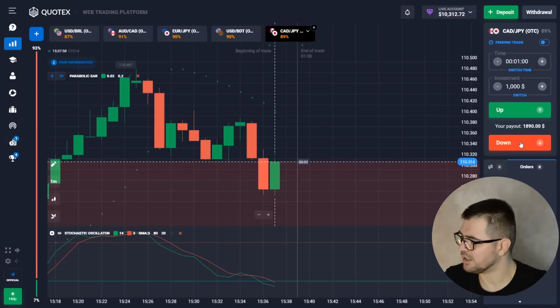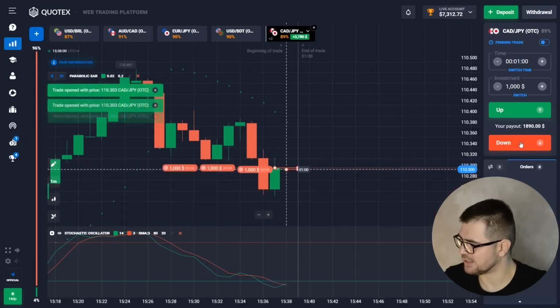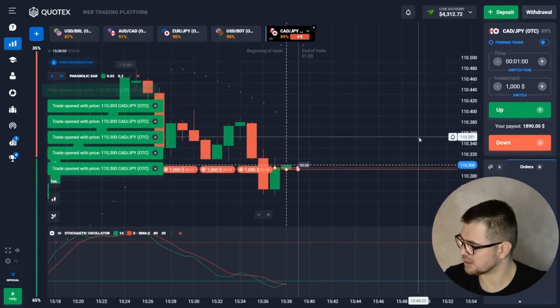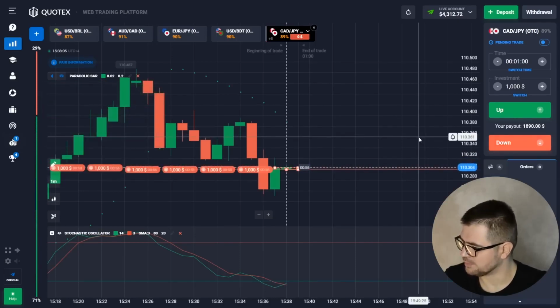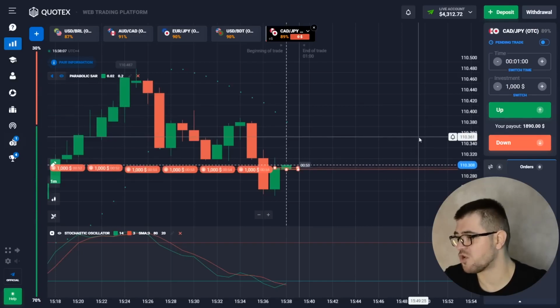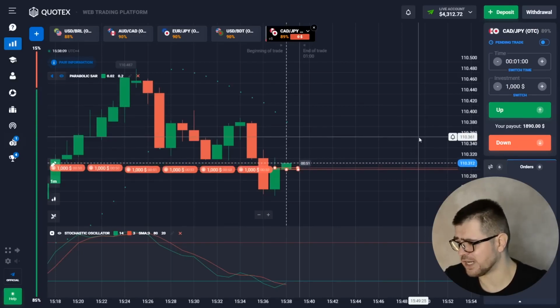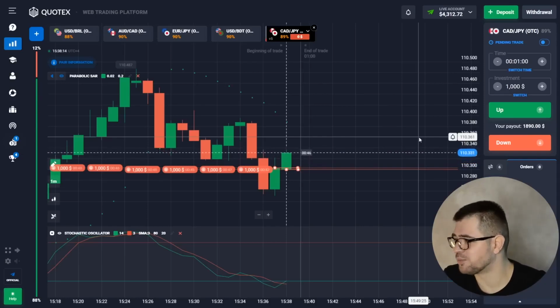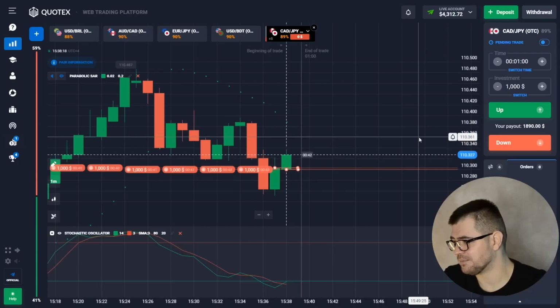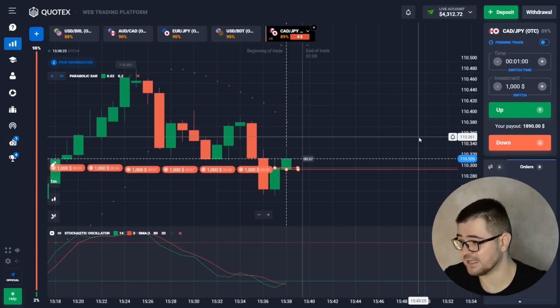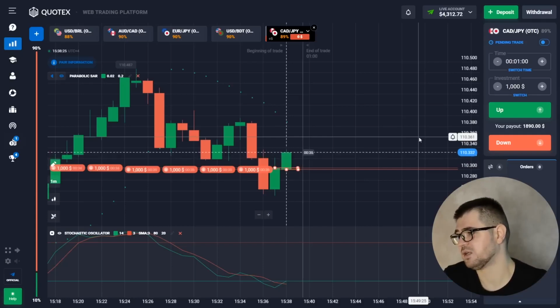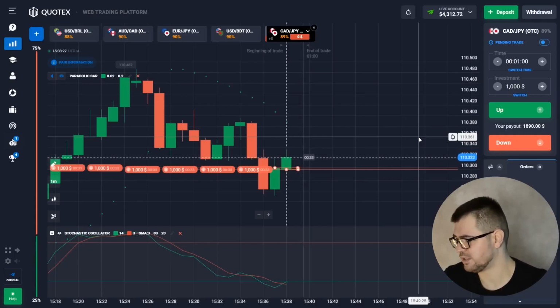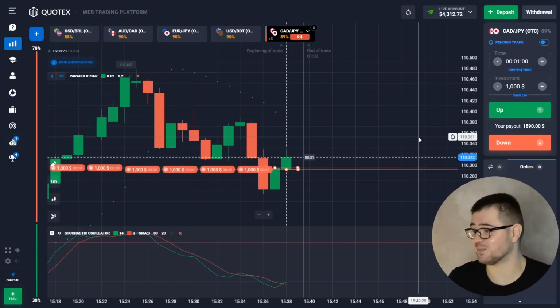Right about there for 6,000. Oh, 6 for the put option. There's a strong bearish trend, although again the stochastic is showing some signs of the price going up, but I'm going with the trend, so I think we're on the right path here. So let's wait for the result of this one and we'll see.